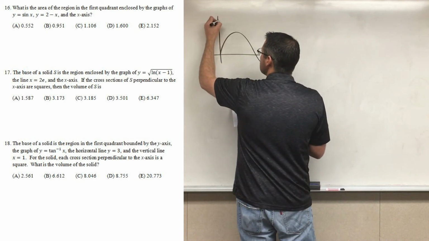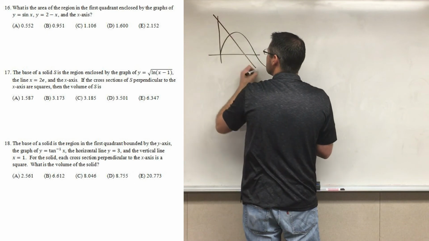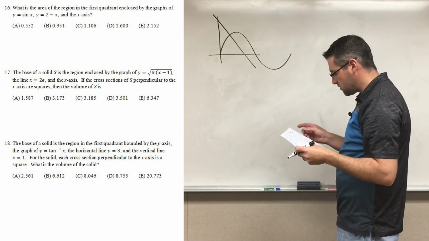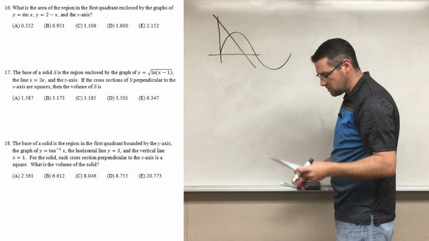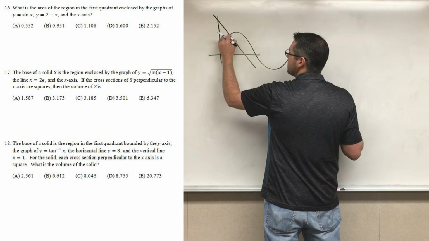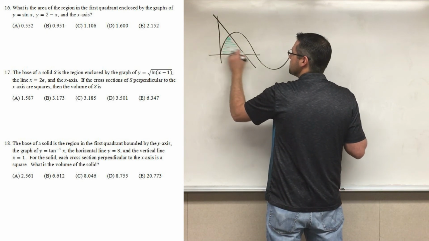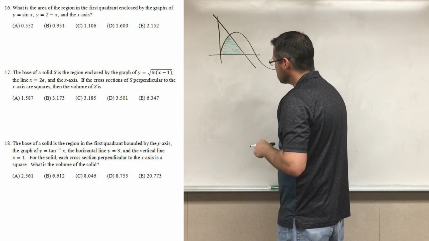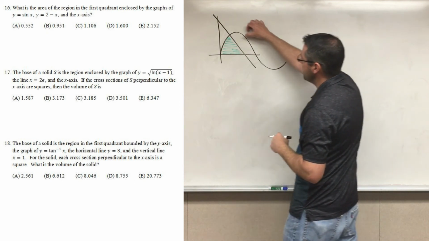And so it's going to look something like this. It's going to come down like that. So we're looking for the area in the first quadrant bounded by sine of x, y equals 2 minus x, and the x-axis. So we're looking for the area of this region right there.